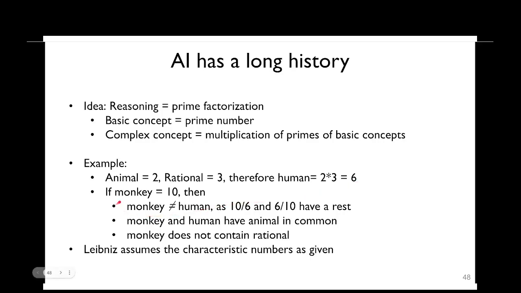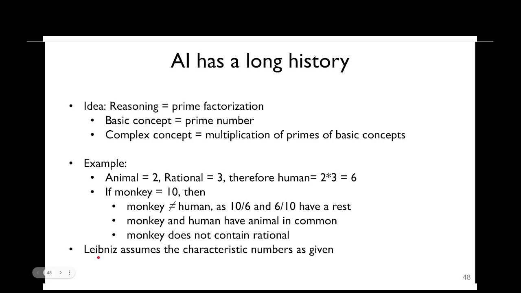And he further assumes, let's just consider that monkey would be 10. Then we can automatically infer that monkey and human are not the same, as 10 divided by 6 and 6 divided by 10 have a remainder. That monkey and human have the concept animal, namely the 2, in common, but that monkey does not contain the concept rational. And then Leibniz goes on after illustrating this example.